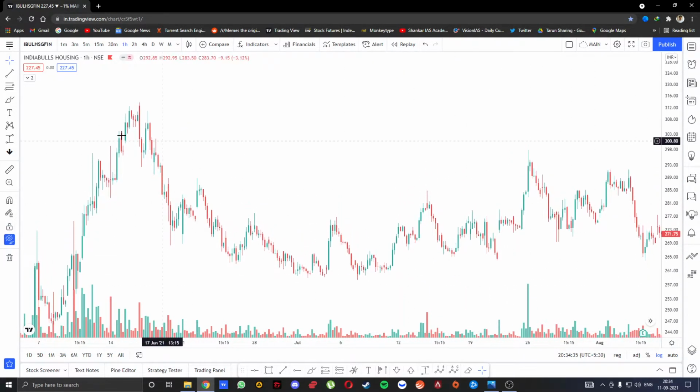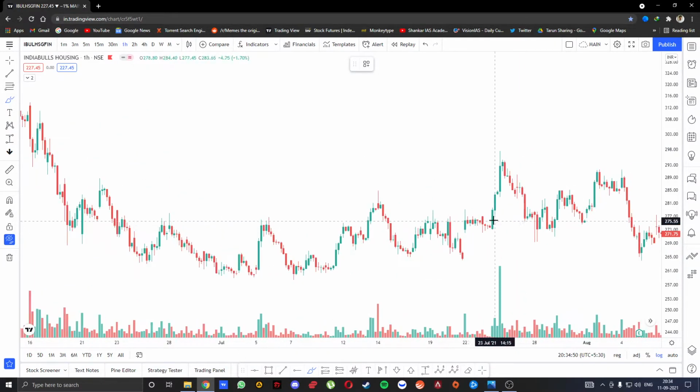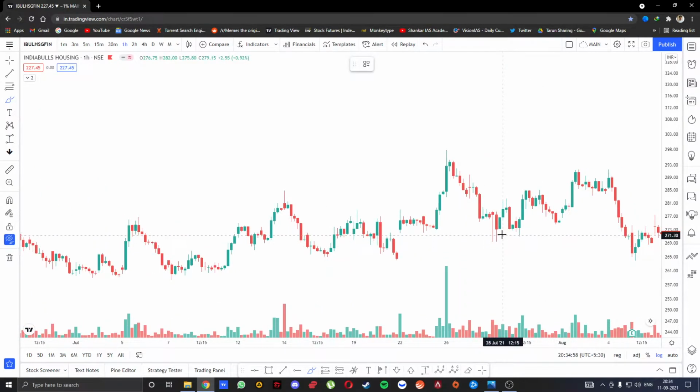Now as we see, there was a resistance here, and as soon as it gave a breakout, we took a selling trade right here, and then people who have bought here, they have put their stop loss just below this support area, and what I did is that I started buying where everyone was selling.